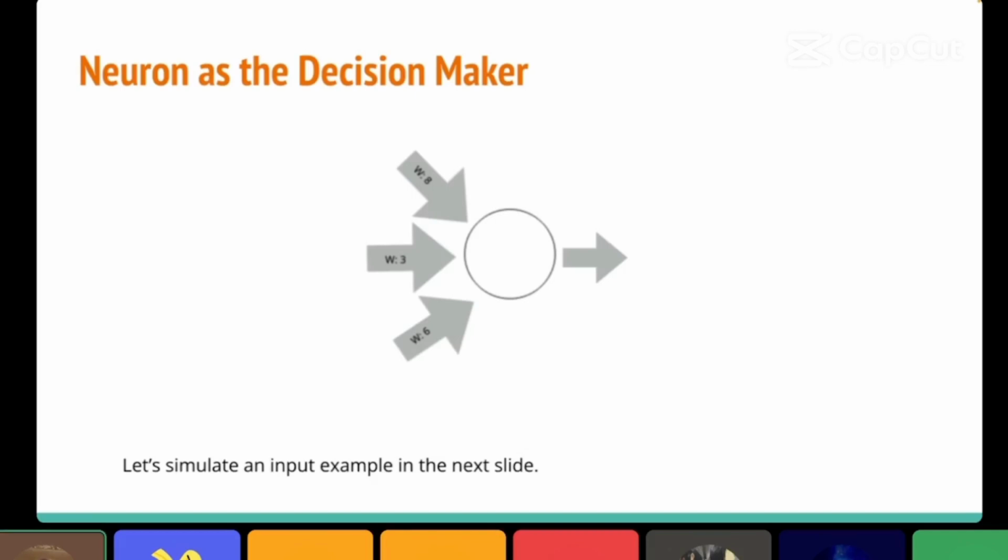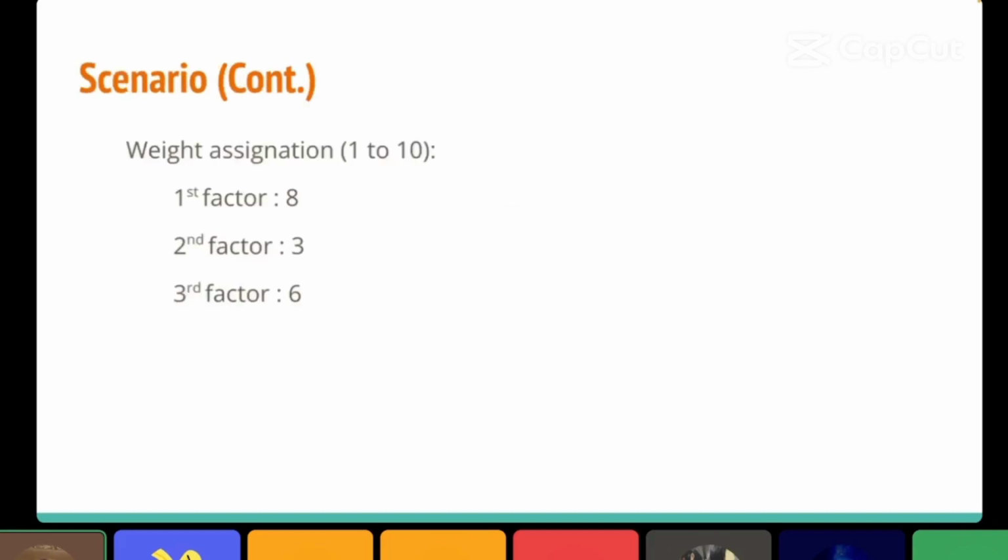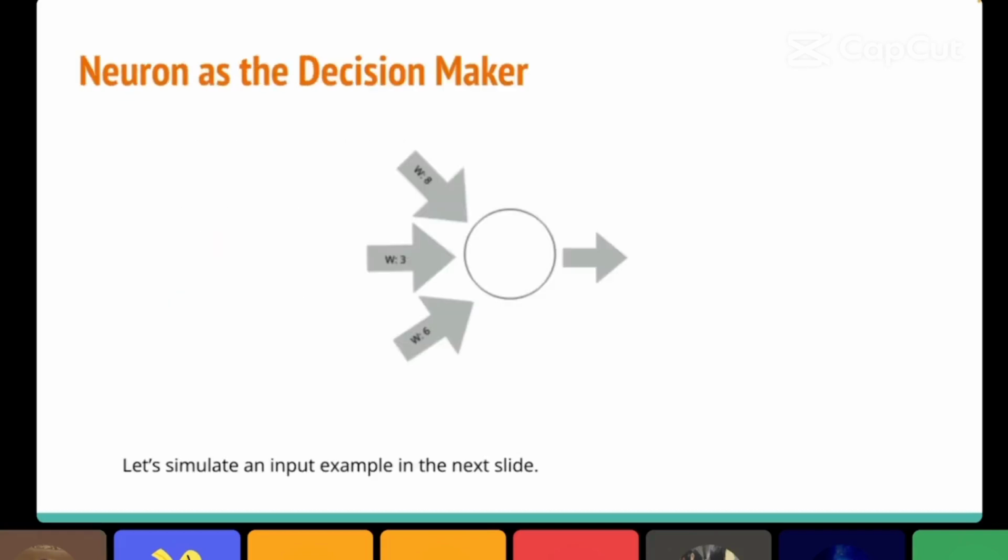These are the weights we talked about earlier. Imagine this neuron can do some processing using these weights and the input that you give, and an output comes out at the end. That's the purpose of this neuron, to make a decision based on the weights and the input that you give.